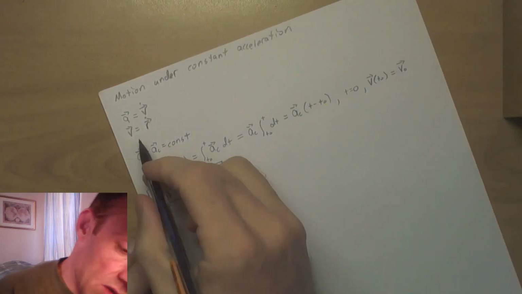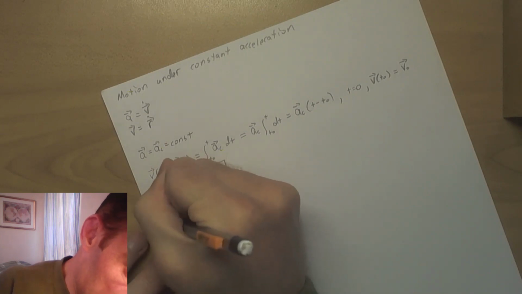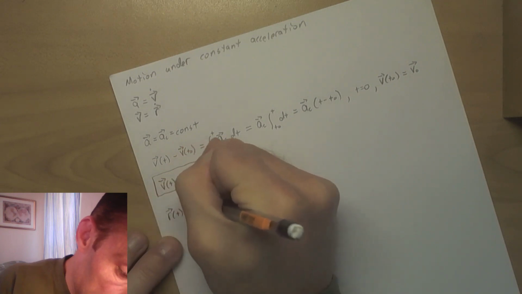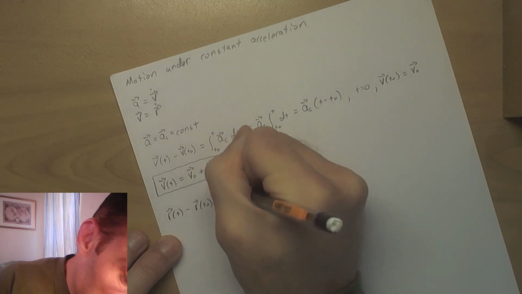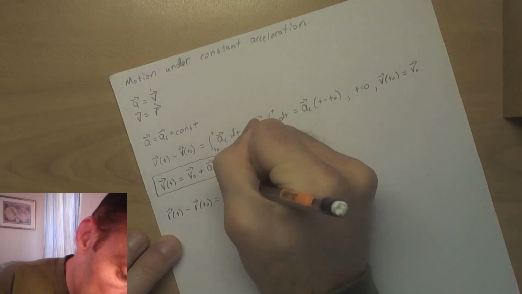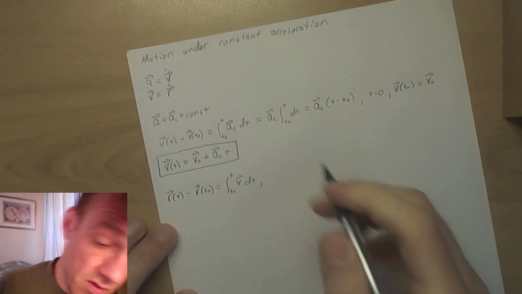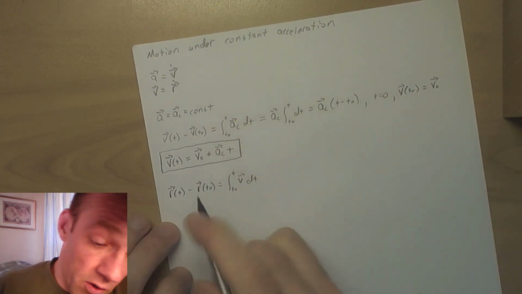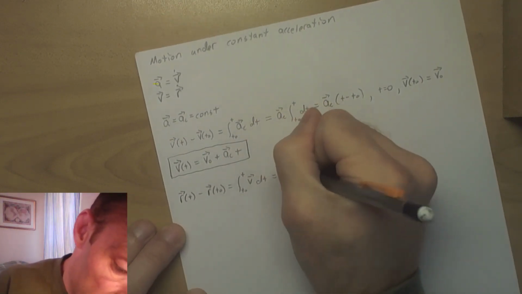Likewise, we can repeat that for the position. However, the velocity is not constant, so we'll substitute in our formula for the velocity.